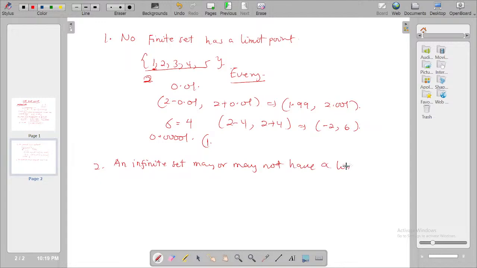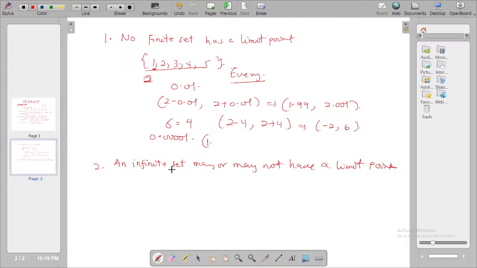Have in mind that every finite set doesn't have a limit point. A limit point is somehow where the set of points are accumulating, but a finite set doesn't accumulate anywhere. It's already fixed, right? But for an infinite set, it may or may not have a limit point.